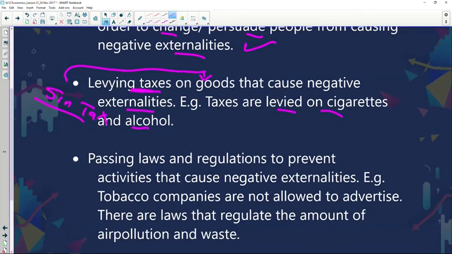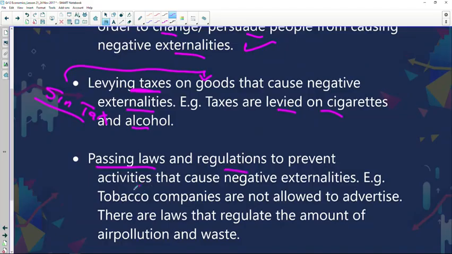In some regard, they have been successful because the products have become so expensive that some people have decided to stop using them, but others still continue because of the satisfaction they get from consuming the product, and because they do have the financial resources to purchase those consumer goods.